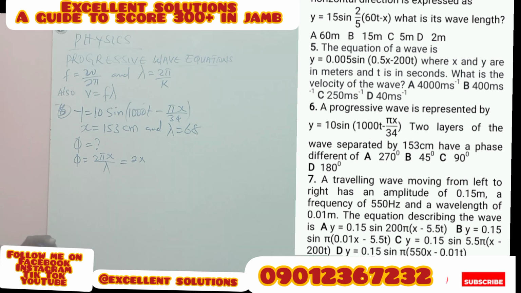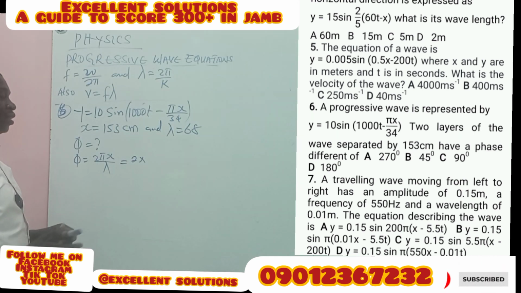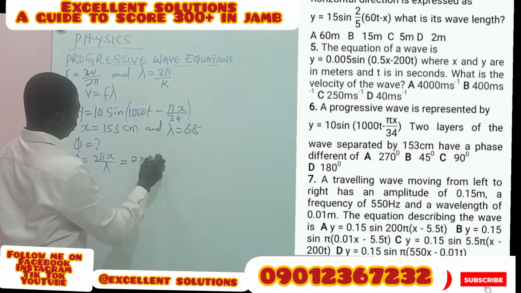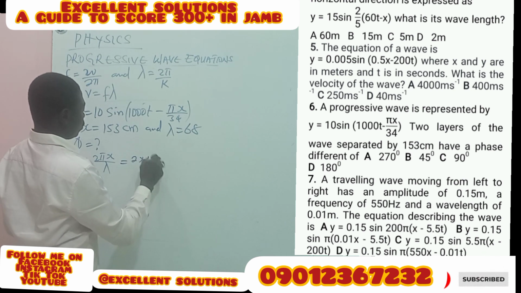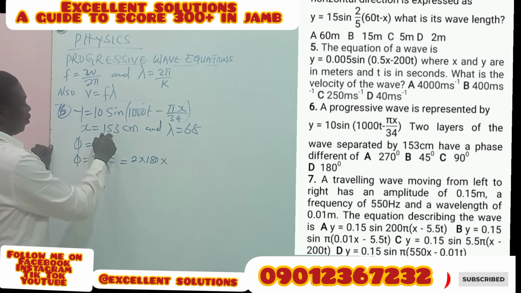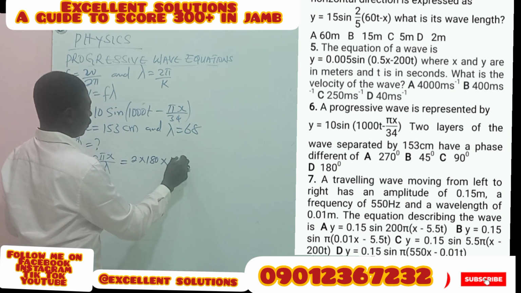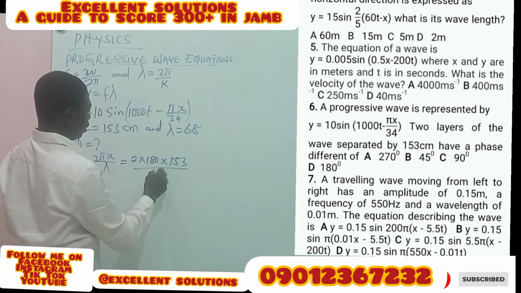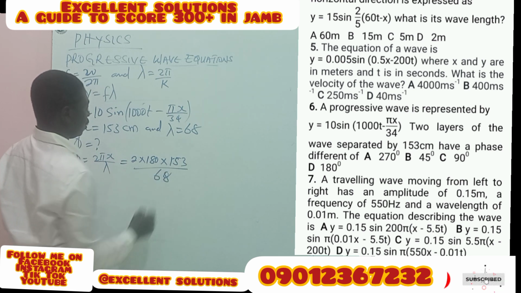So we are going to use the value of pi as 180 degrees. So this becomes 2 times 180 times x, which is given as 153, divided by 68, the value of lambda.